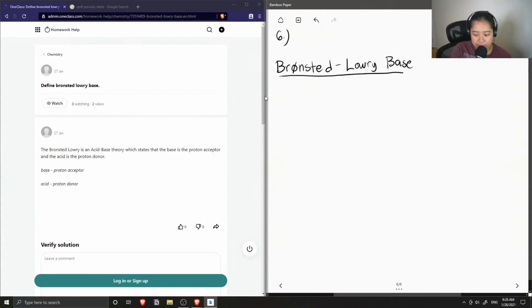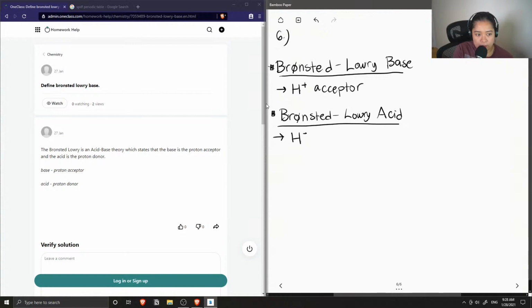But for the Bronsted-Lowry theory, a Bronsted-Lowry base is when you have a proton acceptor, or H+. And on the other hand, when you have a Bronsted-Lowry acid, this is a proton or H+ donor.